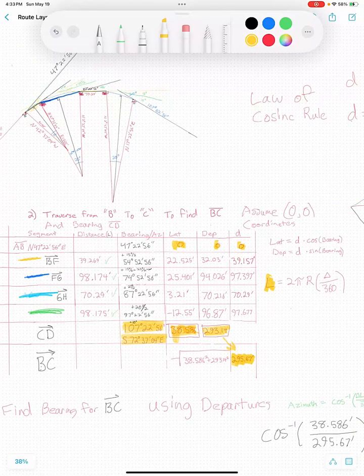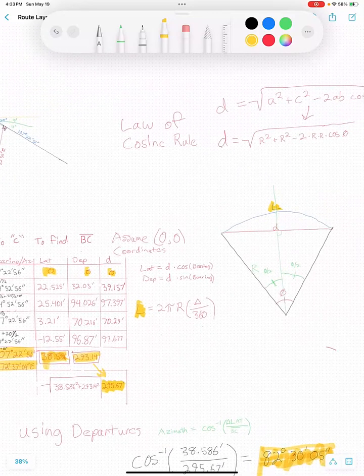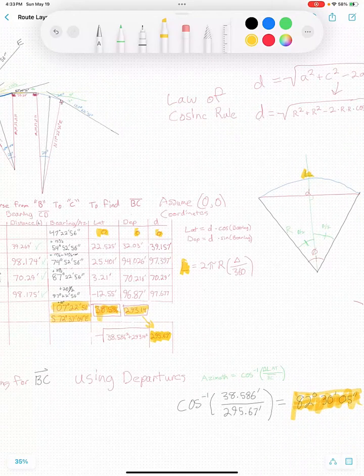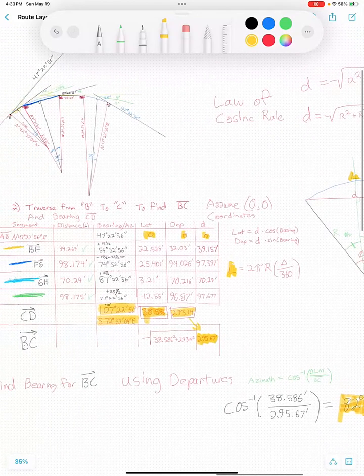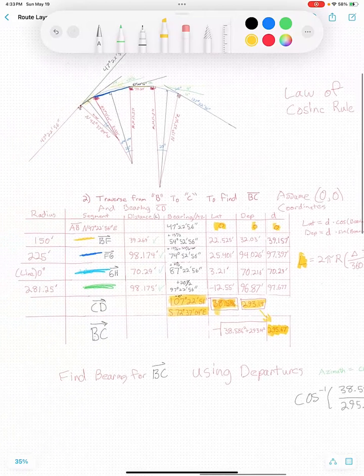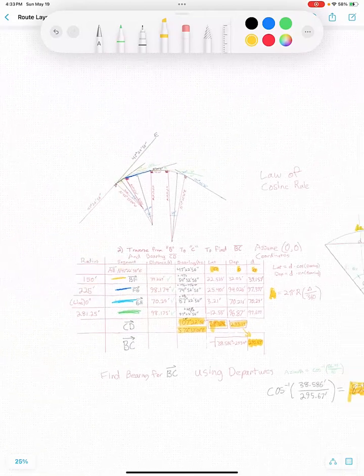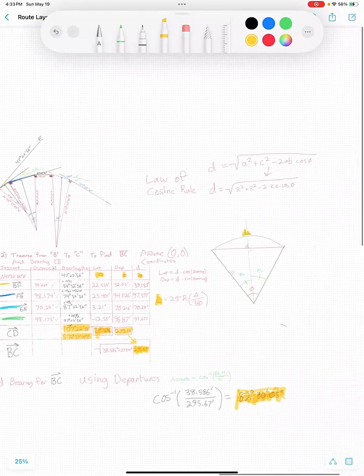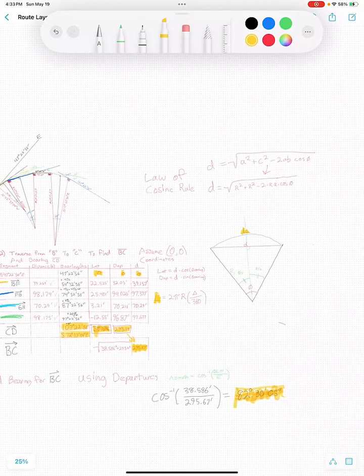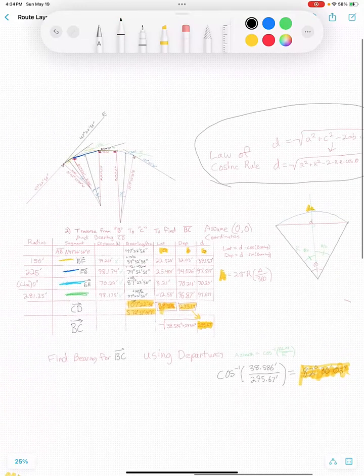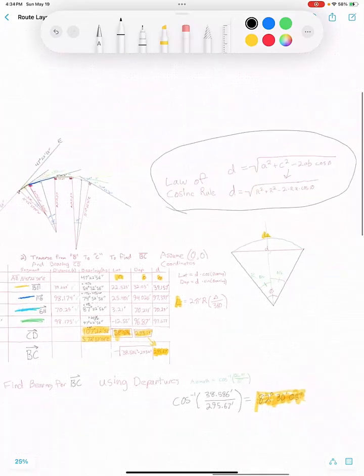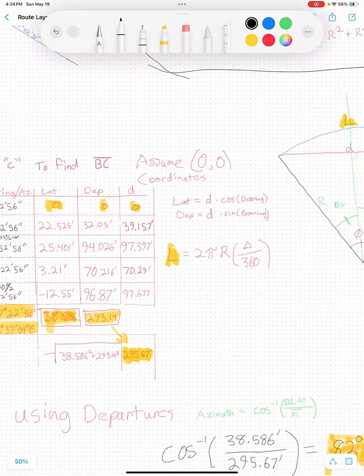And those lengths we then plug into the other formula to find the little d. And that first one, remember, comes from here. That L is 2 pi r times delta over 360.